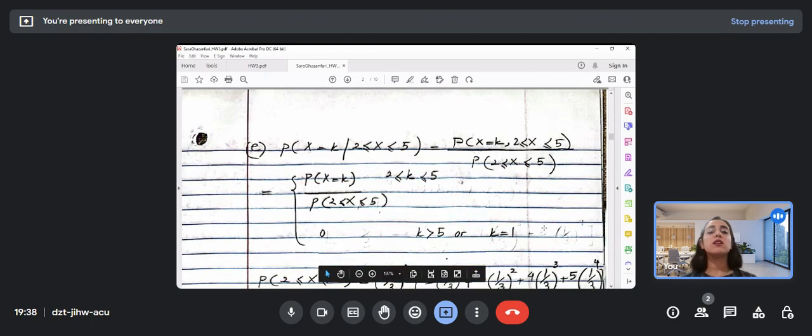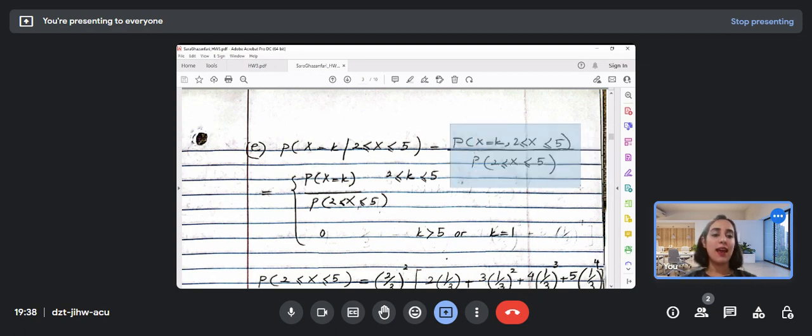Let's go to the last part of this question, which is part E. We need to calculate the probability of x equals k given x between 2 and 5. This is a conditional probability, and we write the formula: probability of x equals k and x between 2 and 5. If we put some conditions on k, we can simplify this formula.